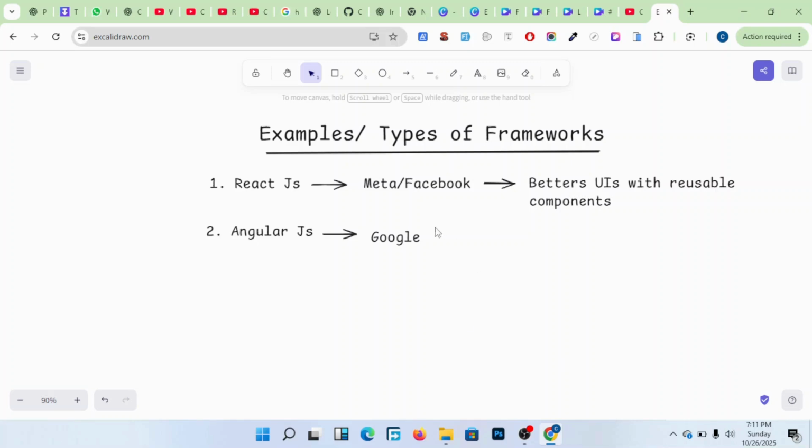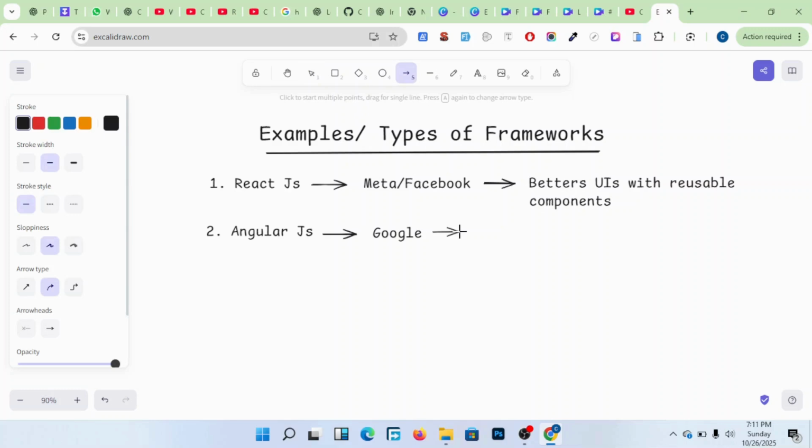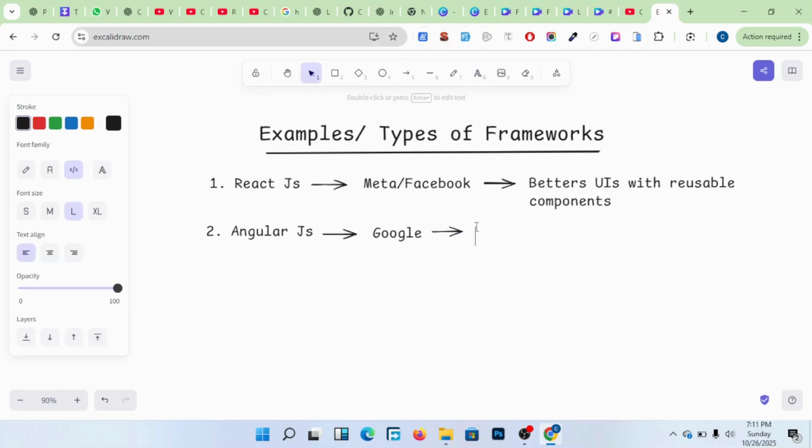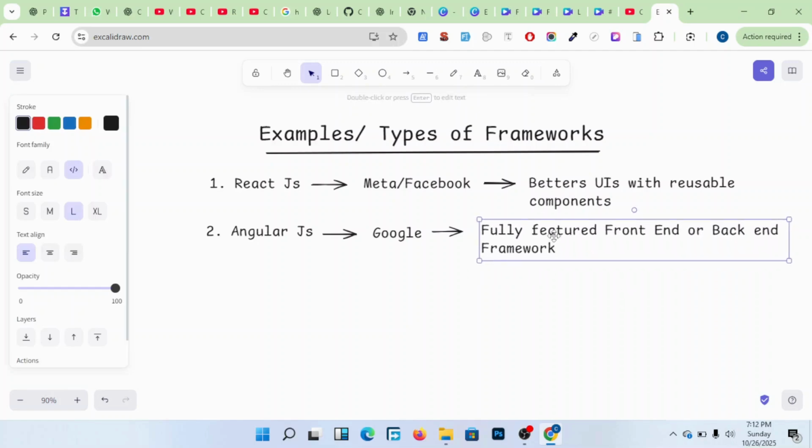So members, this is a fully featured front end or back end framework.